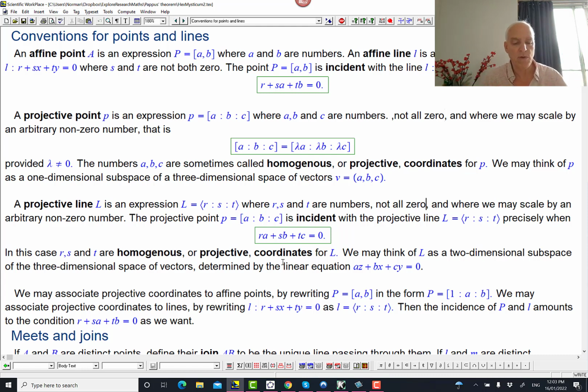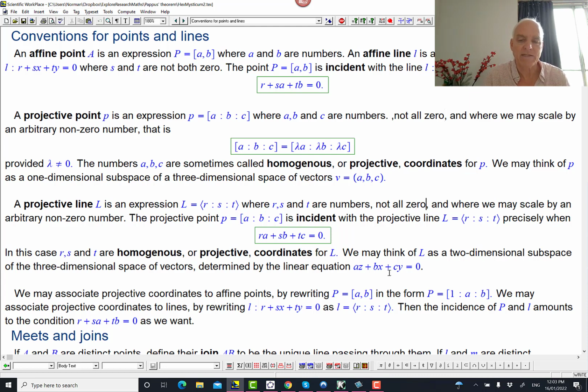So from this point of view, projective points are one-dimensional subspaces. That means lines through the origin in this three-dimensional space, while projective lines are two-dimensional subspaces or planes passing through the origin.